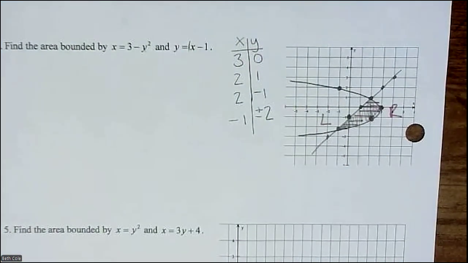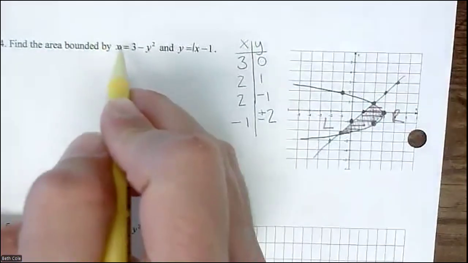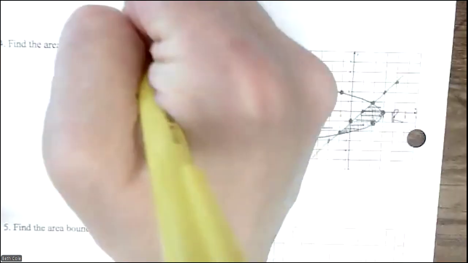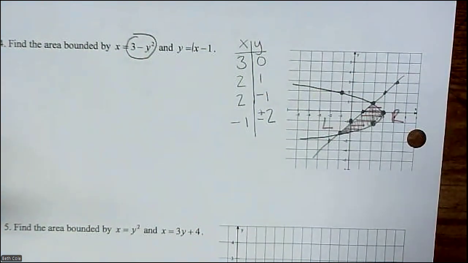Now, as soon as you realize it's sideways, the second you realize that, you stop what you're doing and you rearrange both the equations so they're backwards. This one already is, and I don't know why, but I have learned over the years that if I circle this part, it helps everybody. I don't know why, and that's such a silly little thing, but it helps, so I'm going to keep doing it.